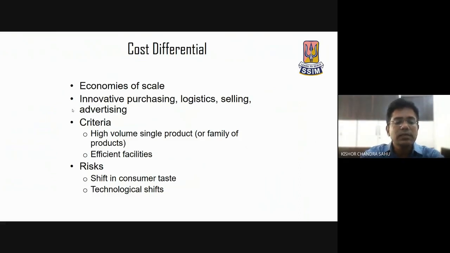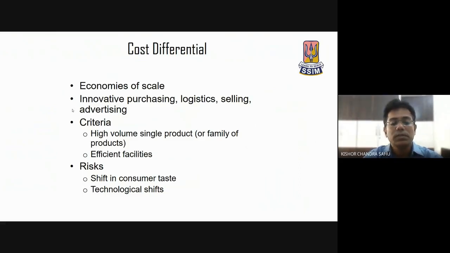But there are risks involved in this. Let's say you set up efficient facilities to achieve cost differentiation from your competitors, and there is a shift in consumer taste. You cannot immediately shift and manufacture what exactly the consumer is looking for.